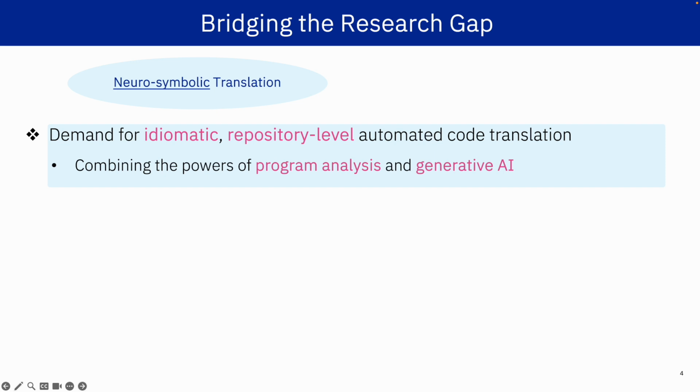In order to address these two research gaps, we propose a Neuro-Symbolic approach for the translation component, where we combine the power of program analysis and generative AI in order to address the problems of idiomaticity and scaling to repository level code.